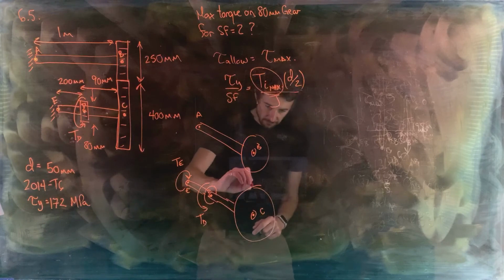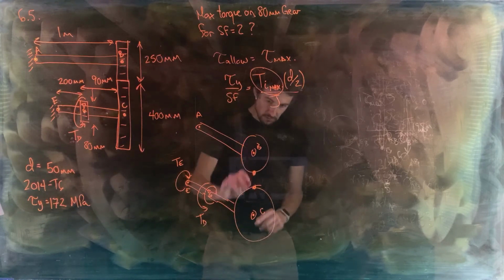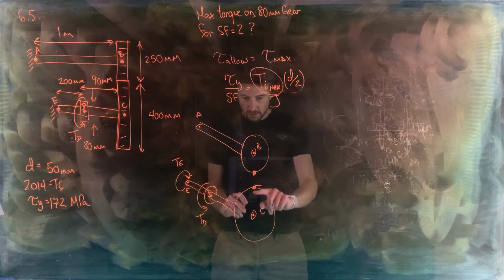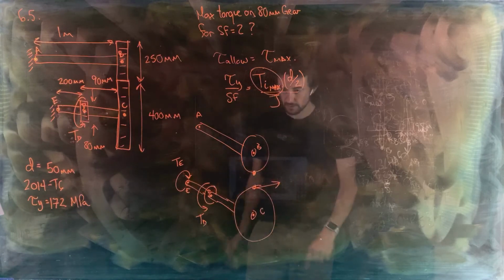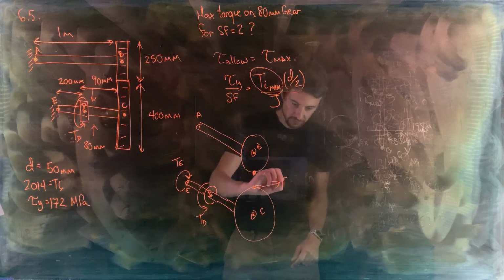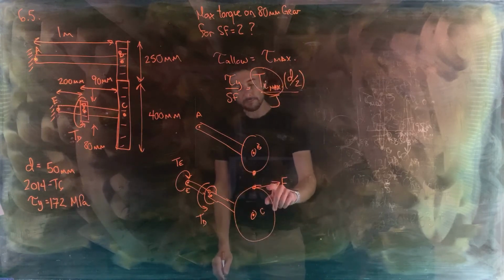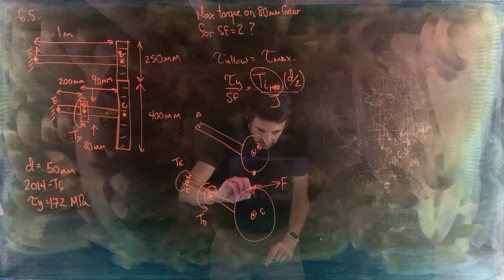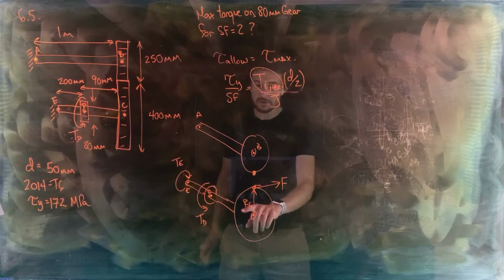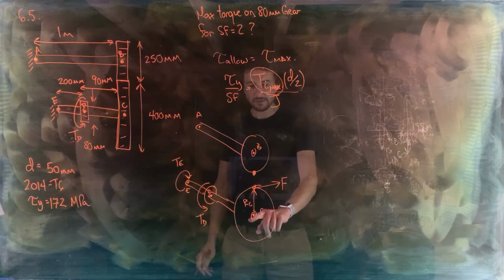This will come from the force from gear B on gear C at the point where they contact. So this force is going to be oriented tangent to the circumference here and in this direction. We'll just call this F. And force F creates a torque because it is at torque arm RC, the radius of gear C, from the center of the shaft.